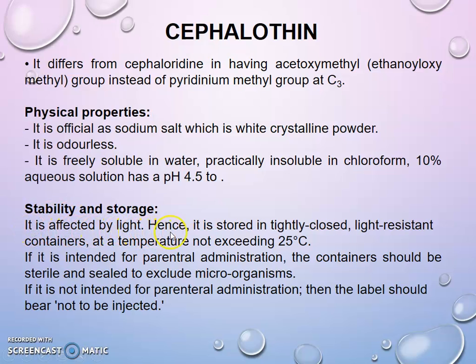Stability and storage condition. It is affected by light, hence it is stored in a tightly closed light resistant container at a temperature not exceeding 25 degrees Celsius. If it is intended for parenteral administration, the container should be sterile and sealed to exclude microorganisms. If it is not intended for parenteral administration, then the label should state not to be injected.